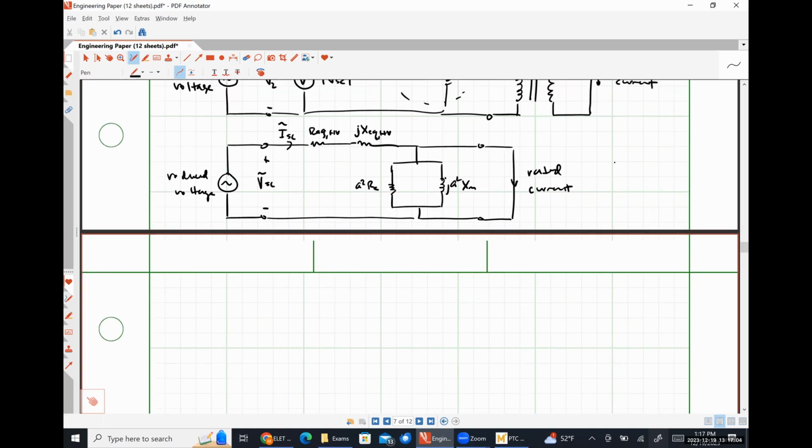So ZSC is going to be the ratio of VSC to ISC, which is REQ high voltage plus j XEQ high voltage.